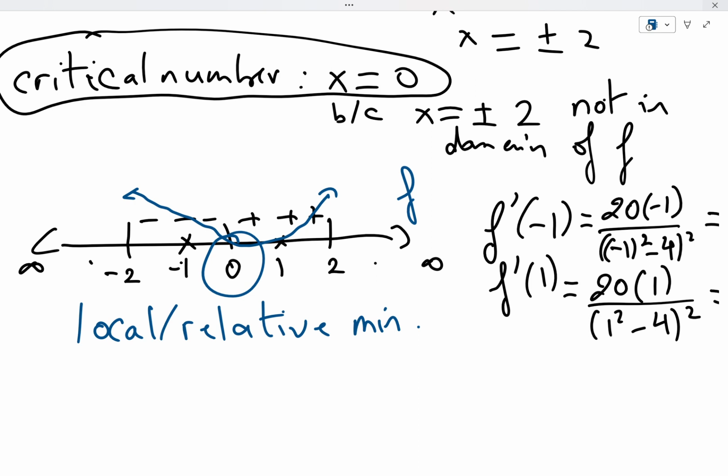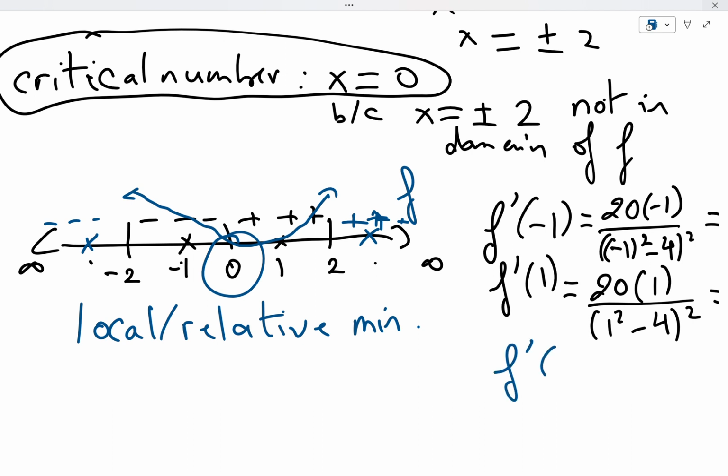If you wanted to know the intervals of increase and decrease, I would also have to check what's going on here and here. So I would pick a point to the left of -2 and to the right of 2. And if you're curious, this is negative, this is positive. How would I figure it out?